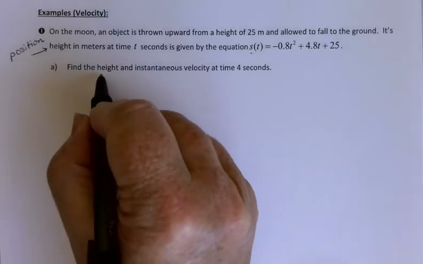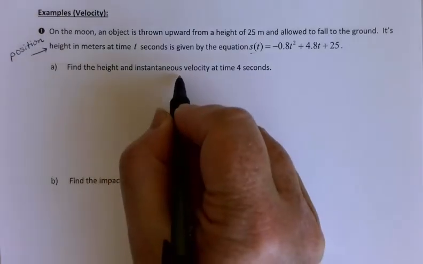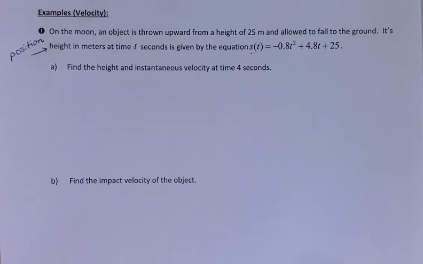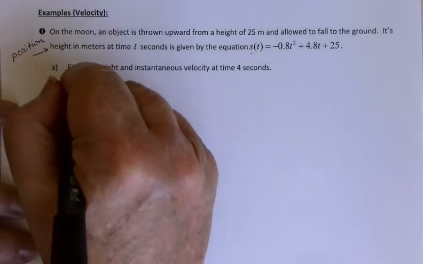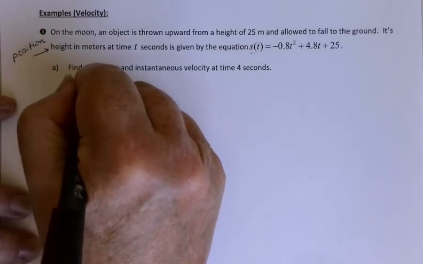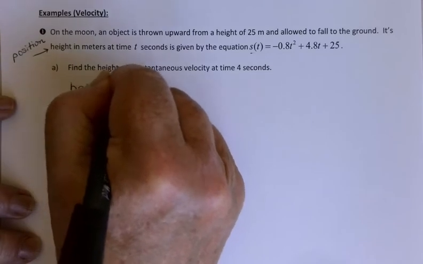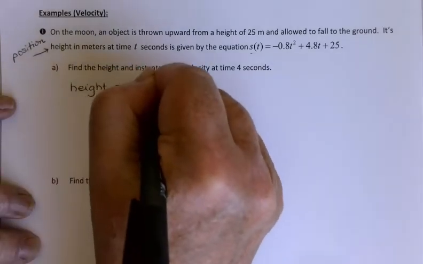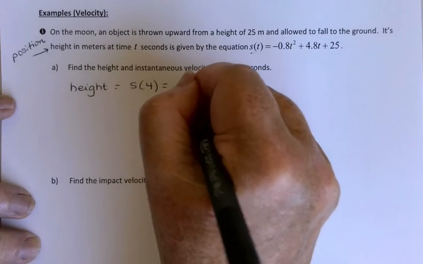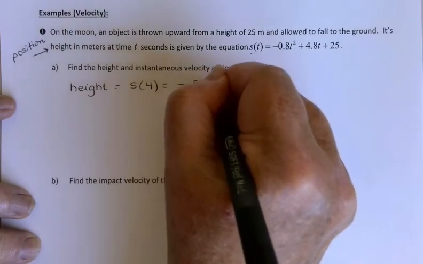So, in Part A, when I wanted height and instantaneous velocity at time 4 seconds, I'm going to start by saying the height is just s of 4. We just plug 4 into our s equation.